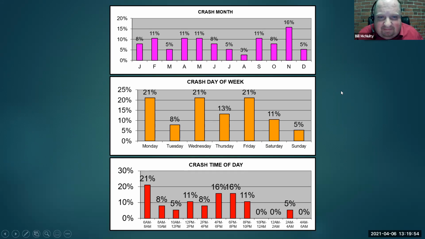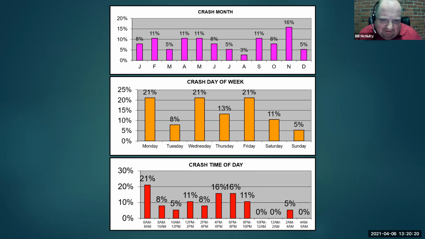So these next few charts just break down the characteristics of the crashes. Again, nothing really jumps out in these charts. It's fairly steady. So you can see time of year, it's fairly steady, a little less in the summertime, with a spike in November for whatever reason.